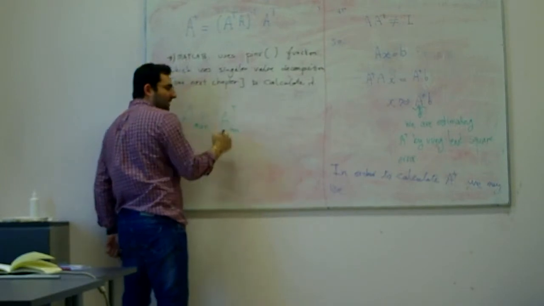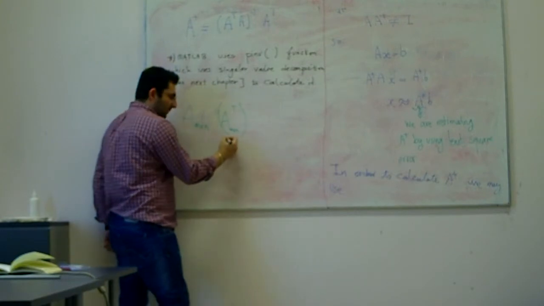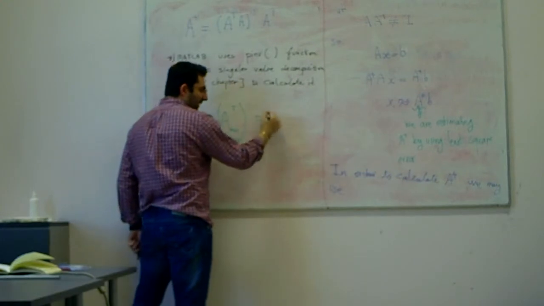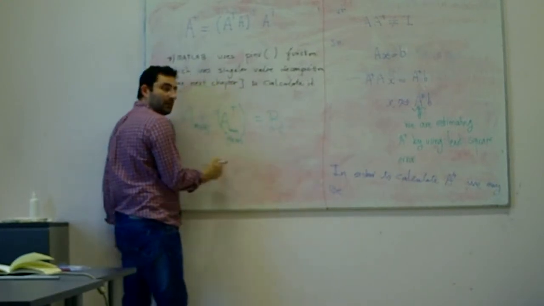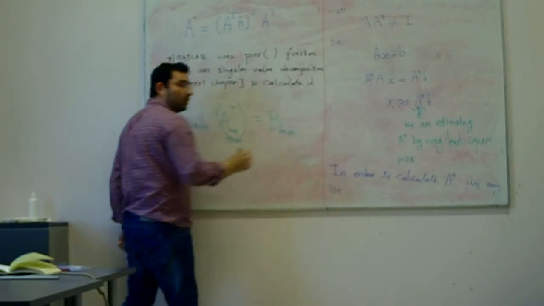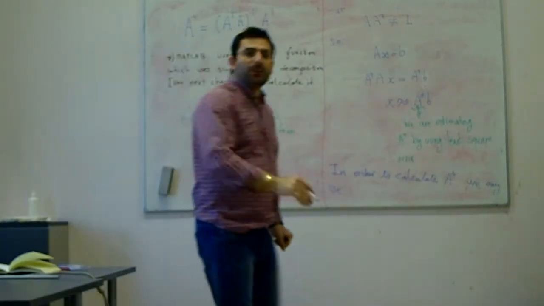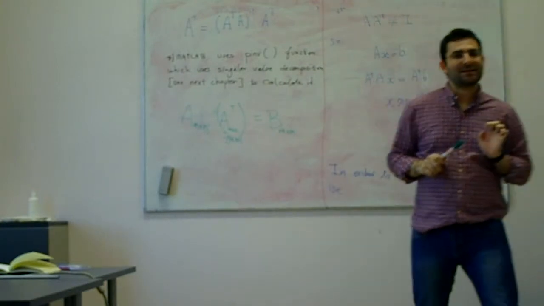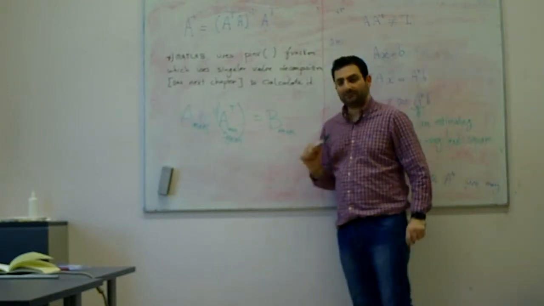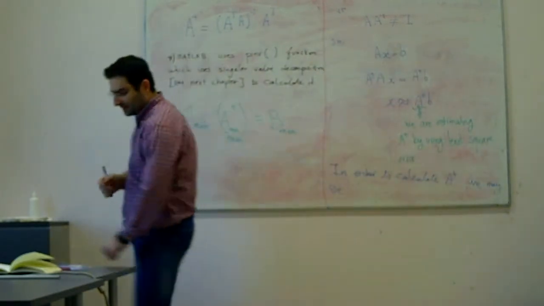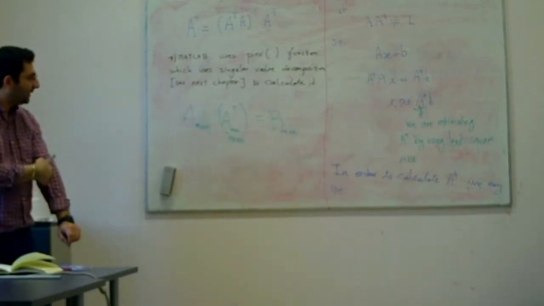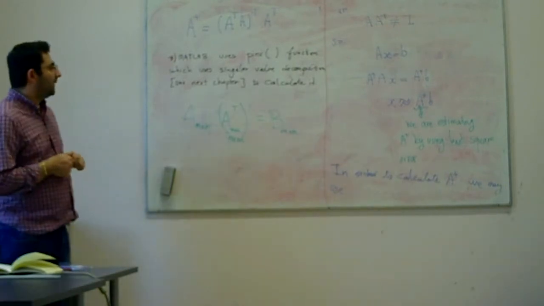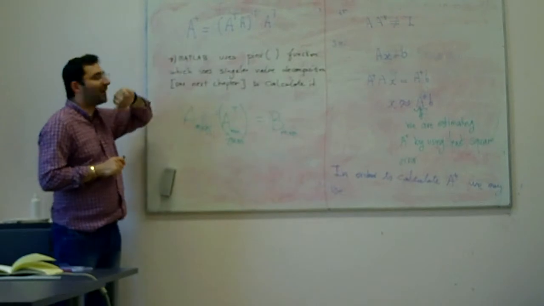Can you tell me what is the size? N by N. They are the same as each other, so the result will be matrix B, which is N by N. So any matrix multiplied by its transpose is definitely a square matrix. We don't know if it's a singular matrix or not, but it will definitely be a square matrix, and in the case of non-singular matrix, we can calculate the inverse.